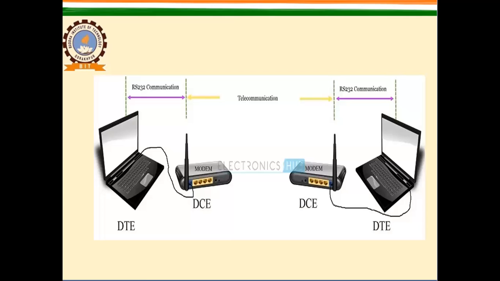In this diagram, you see that a computer, here a laptop, is connected to a modem through this RS232 cable, and this laptop acts as a DTE device and the modem acts as a DCE device. Between the modem and DTE, the communication used here is RS232. Between the DCE and the DCE at the receiving end, the modem at the receiving end, there is another telecommunication procedure.